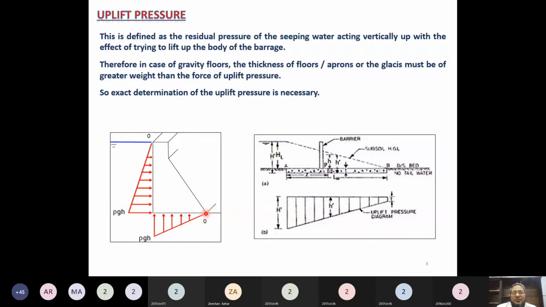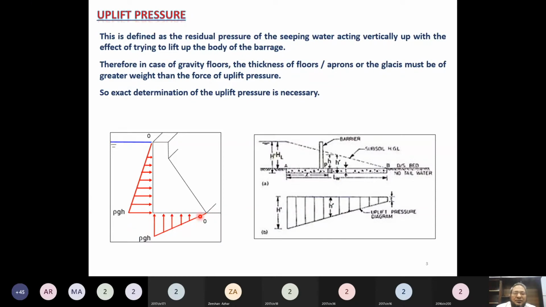So here the pressure is 0, if the depth of flow here is 0. If there is a certain depth of flow on the downstream side, let's say the depth of flow is H1, then here the pressure would be gamma times H1. As the depth of flow is 0, the pressure would be 0 here.